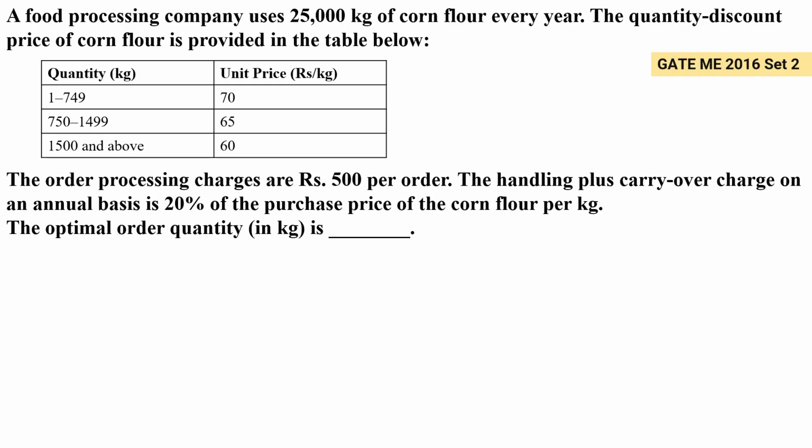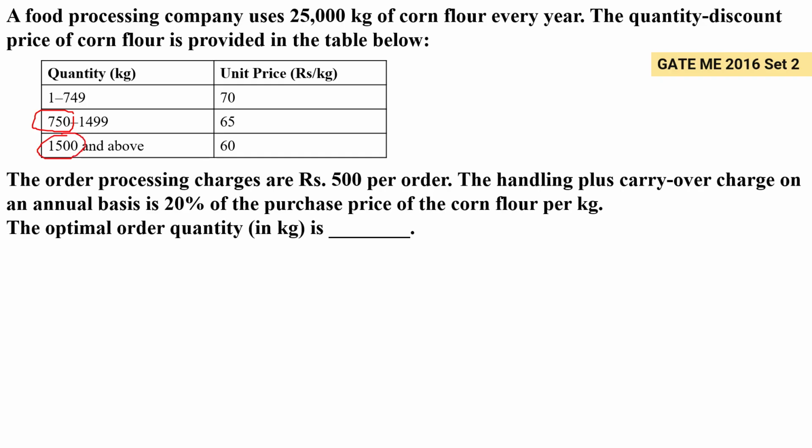Let's see the next question. A food processing company uses 25,000 kg of corn flour every year. The quantity discount price of corn flour is provided in the table below. So here different unit prices are given for different quantities, and observe there are two price breaks: one at 750, another at 1500.